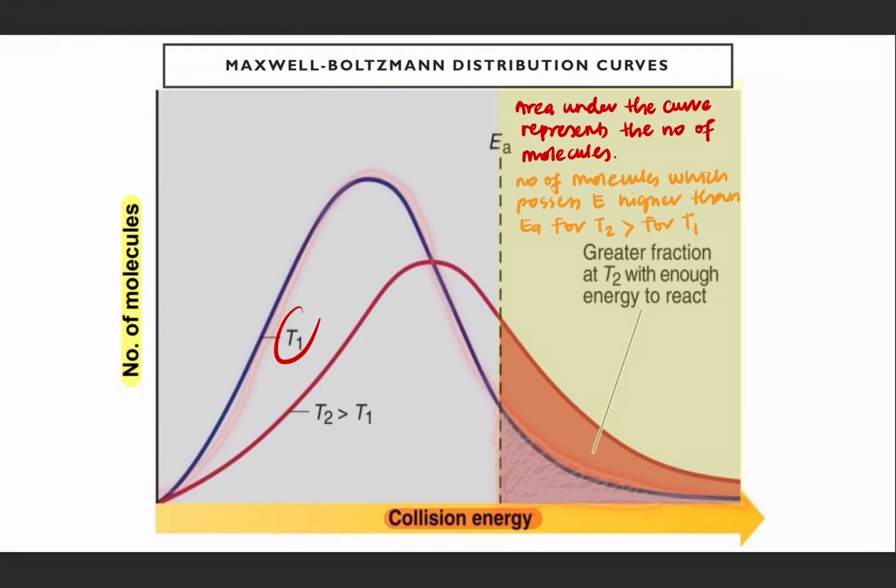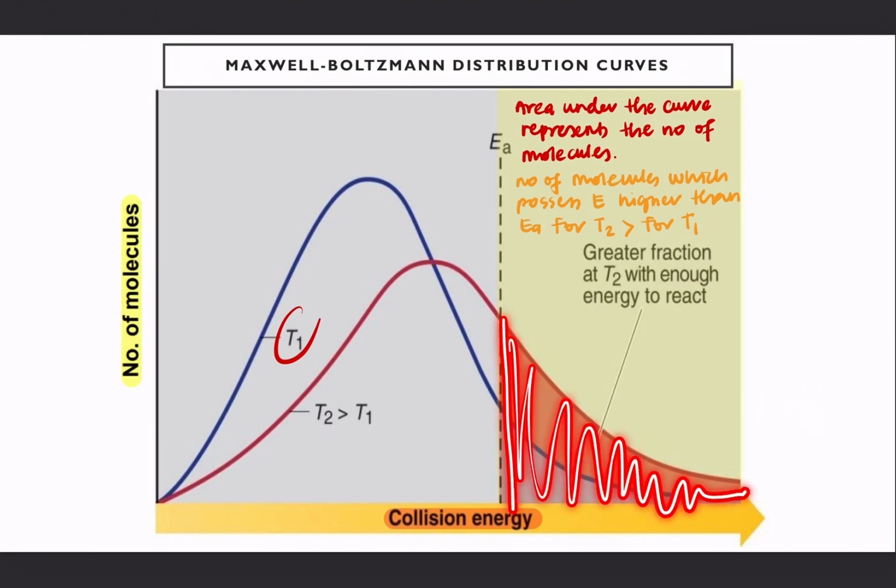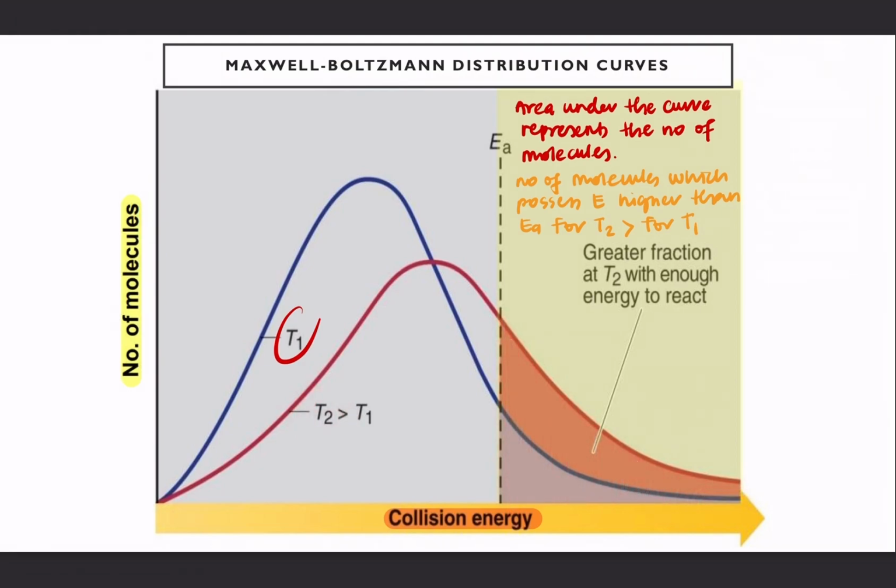And this one is the amount of molecules that overcome the energy barrier and will have effective collision for temperature T2. So that is a greater fraction of number of molecules at T2 with enough energy to react.